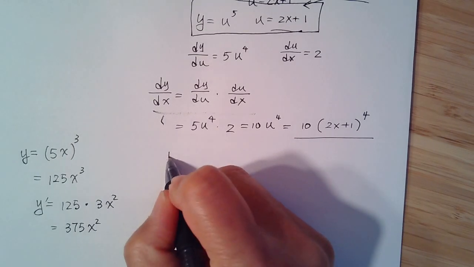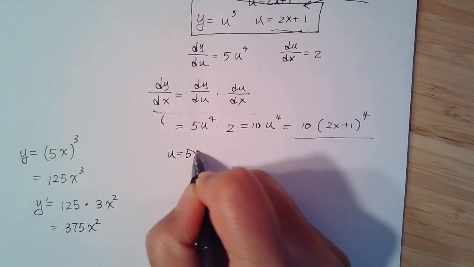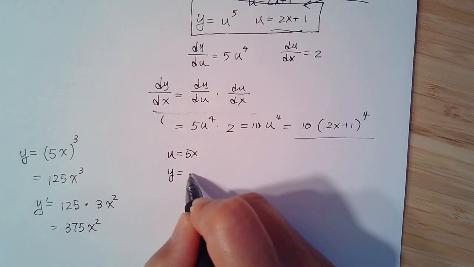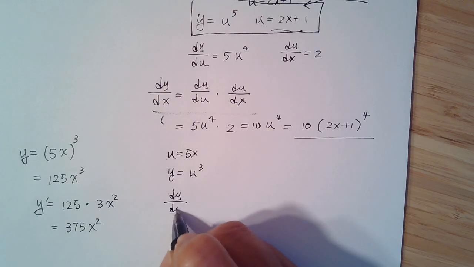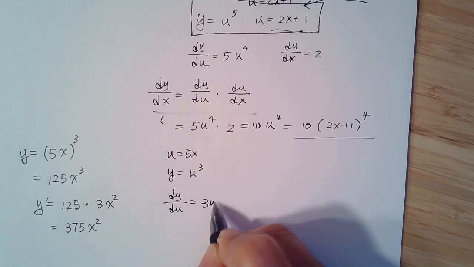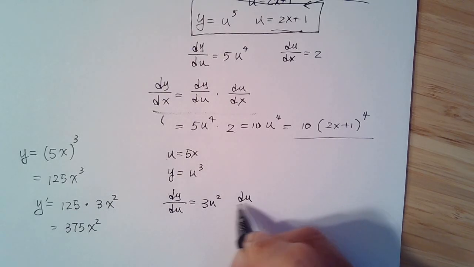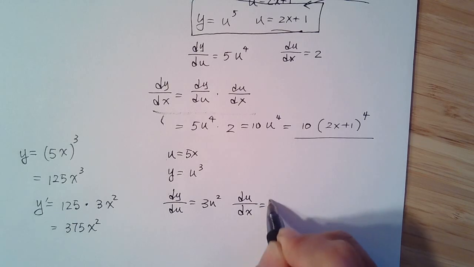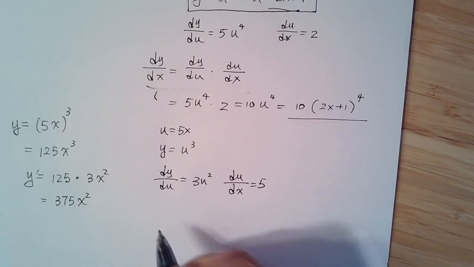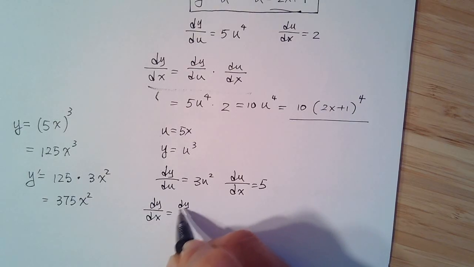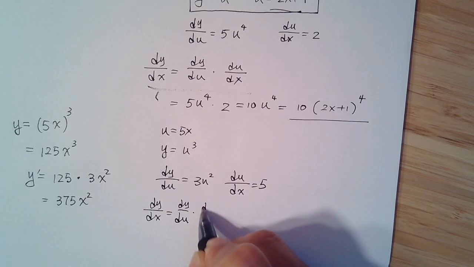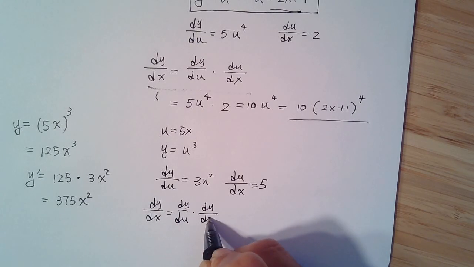Or you can use u. Let u equal 5x, so y equals u to the third. So dy over du should be 3u squared, and then du over dx is 5. Okay, so dy over dx is dy over du times du over dx.